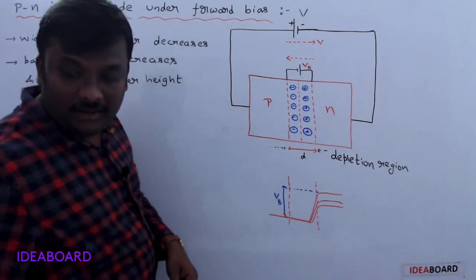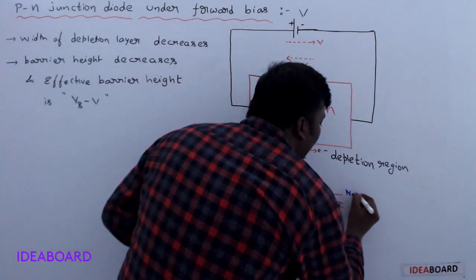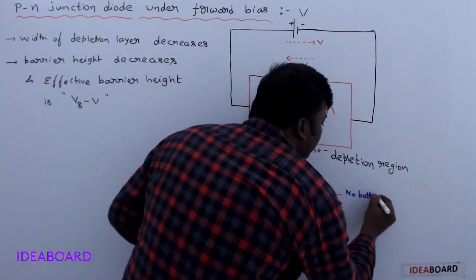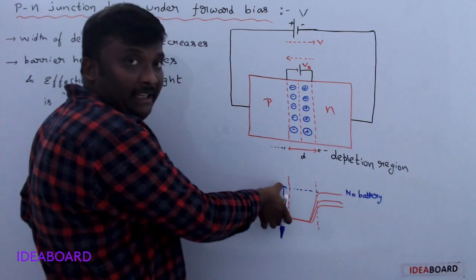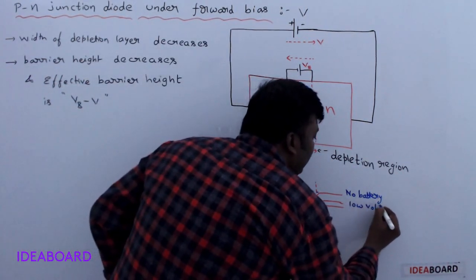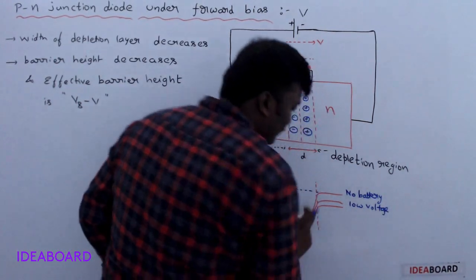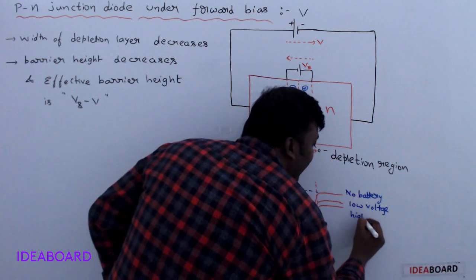The first one is in the absence of a battery, so with no battery, this indicates the barrier height. This is the second one, when low voltage is applied, and the third one indicates high voltage.